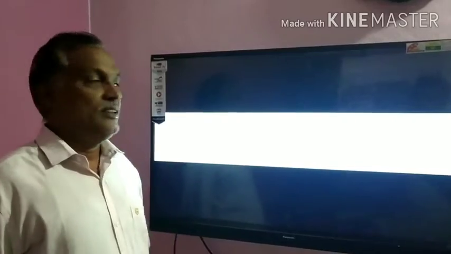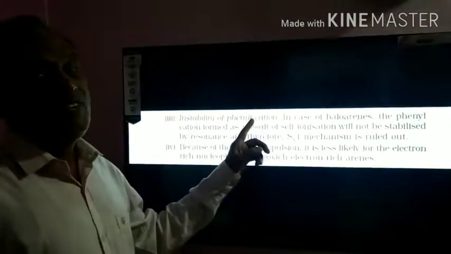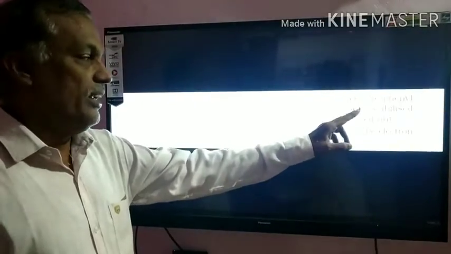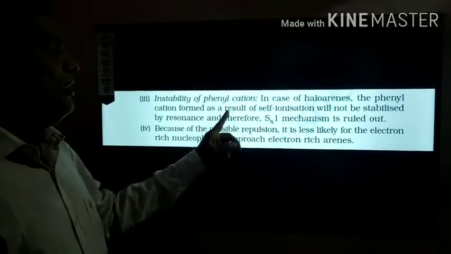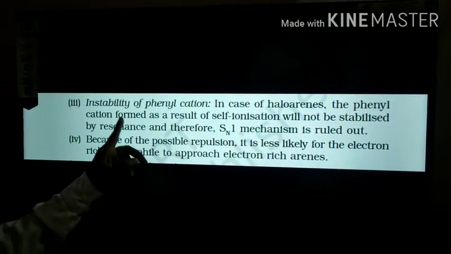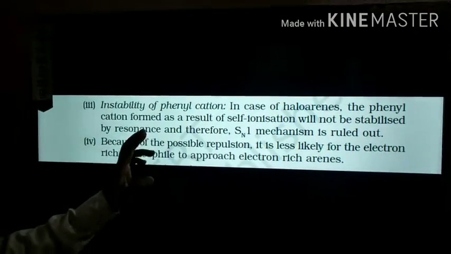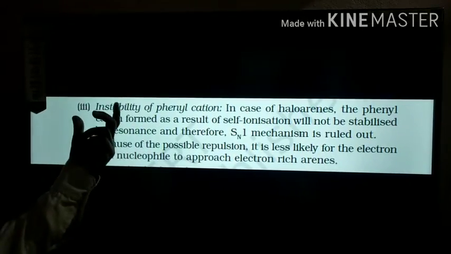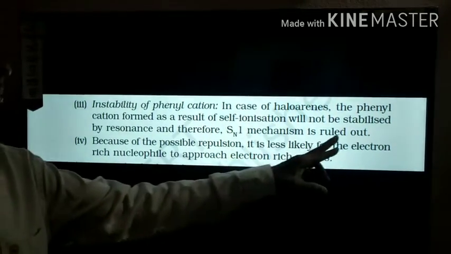The third reason is the instability of the phenyl cation. In haloarenes, the phenyl cation formed as a result of self-ionization will not be stabilized by resonance. So that's why the SN1 mechanism is ruled out.